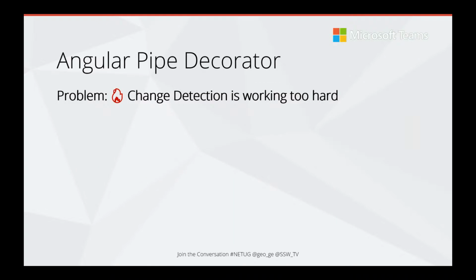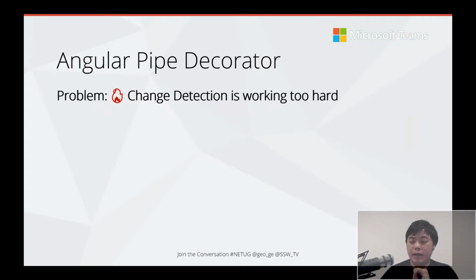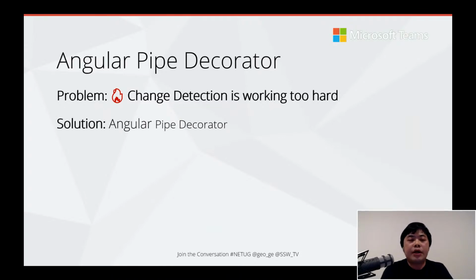All right, next one. So the problem is change detection is working too hard. And the solution is actually the Angular Pipe decorator. As I said before, sometimes we just have to have this function that lives inside the HTML component.